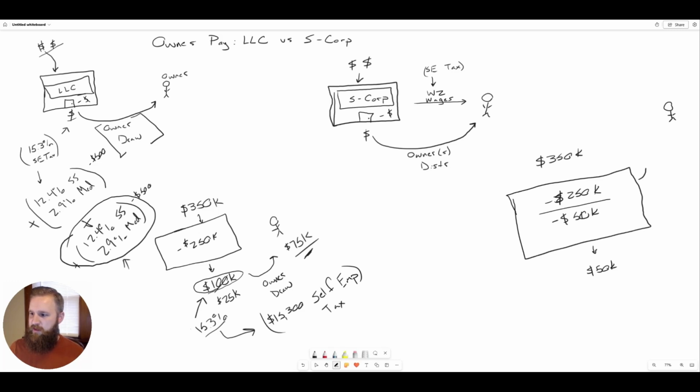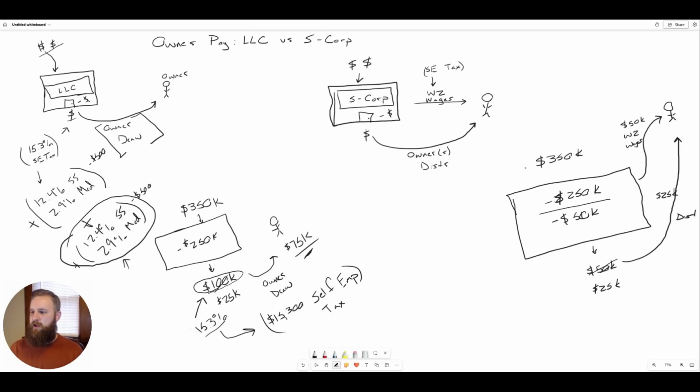So you get paid $50,000 in W-2 wages. And to keep things the same, you're going to take $25,000 in distributions. So you're left with $25,000 in the bank.